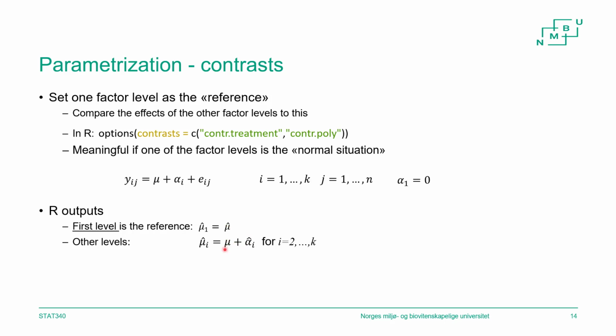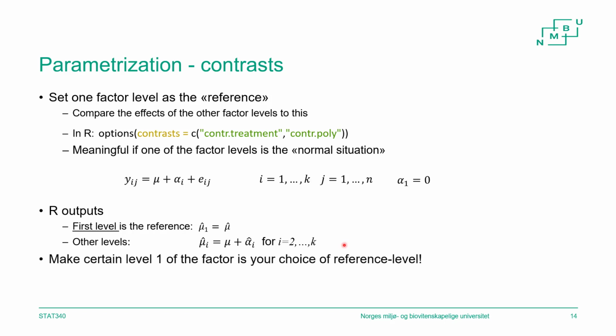Because for the estimate of this one, we need the estimate up here first, and then we add. So all the effects of the additional levels are given as deviations from the reference. We will see that. So again, I have said this 100 times before, level 1 should always be the reference level in this case, when you use contr.treatment.